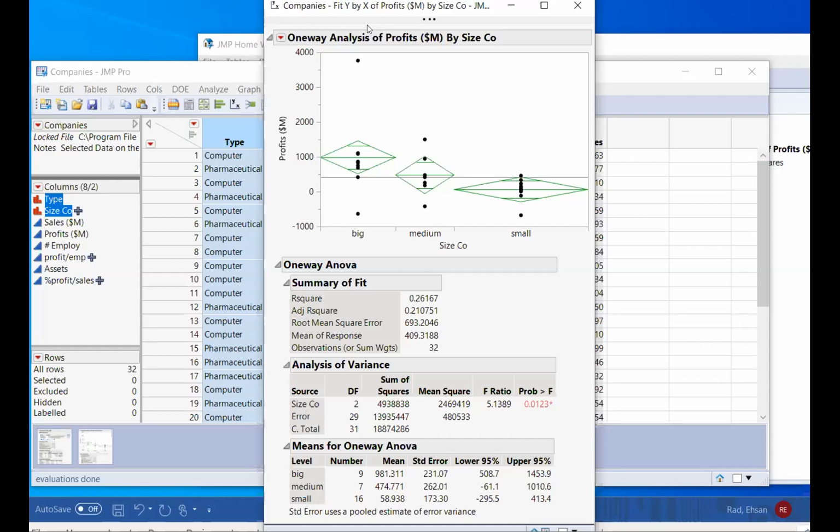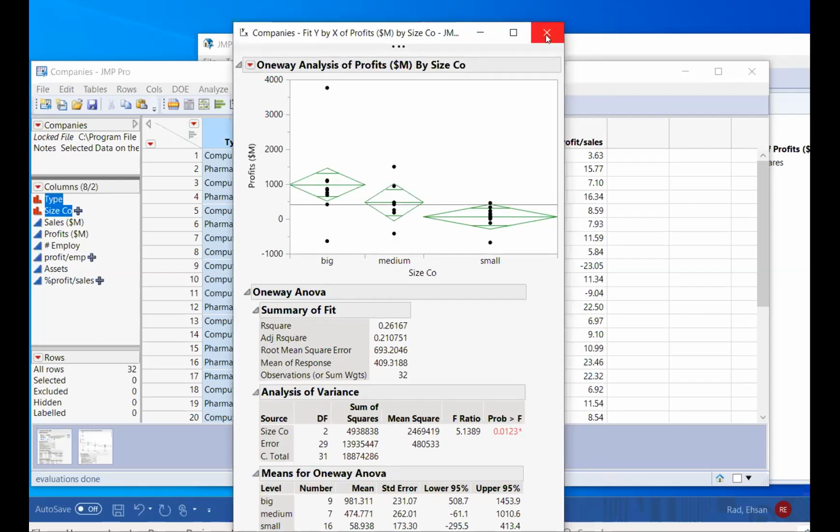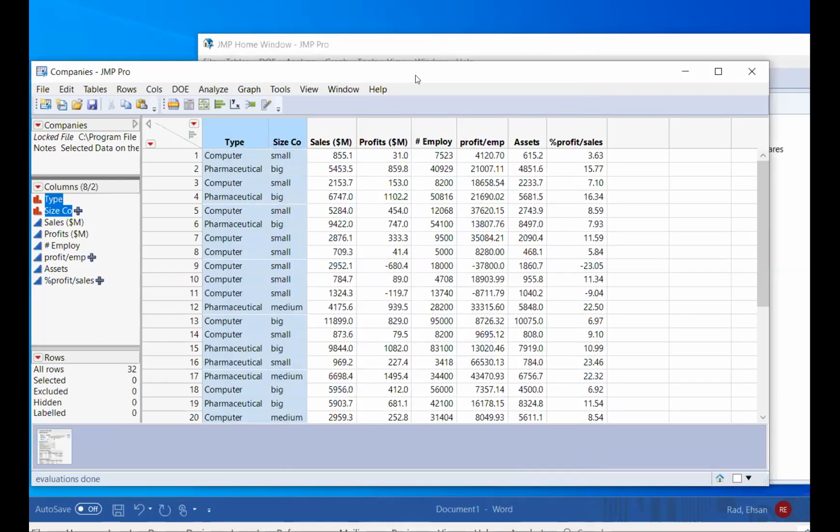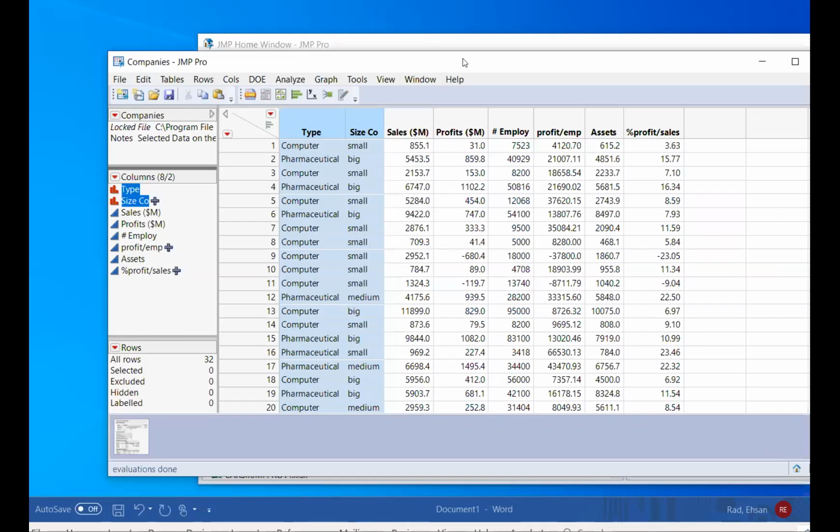Where did you go for that again, Professor? One more time. So the point is, you need to recognize what analysis you're running. You're running analysis for checking if there is a relation or association, if size is affecting profit.